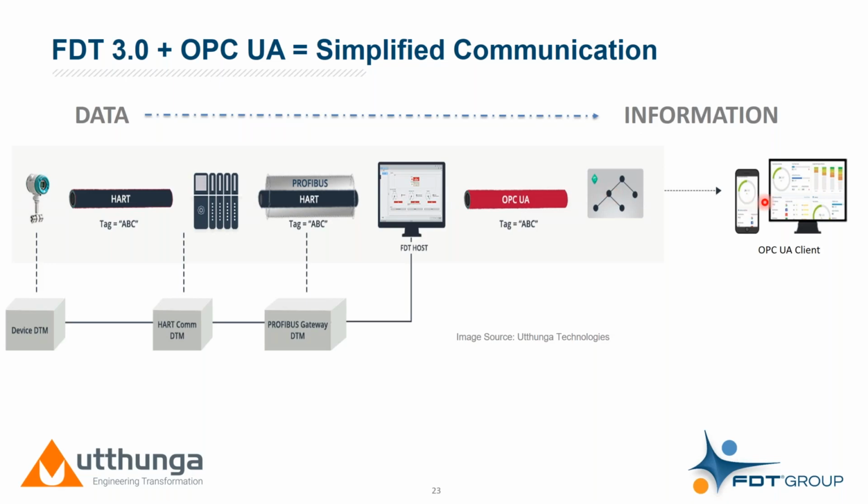So when you have this OPC UA client, the data fetched from the field device is independent of its origin, of how it was transferred from the shop floor to the top floor. It has gone through the HART network and the Profibus network, but when it comes here, it is just the data that matters to the upper layer systems.